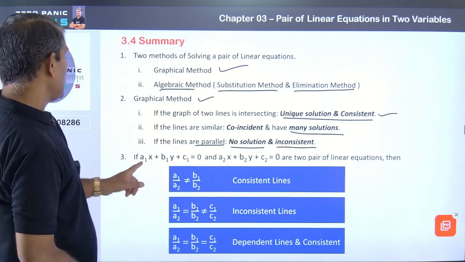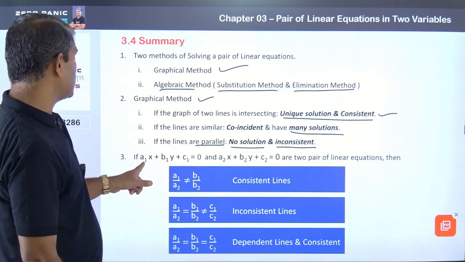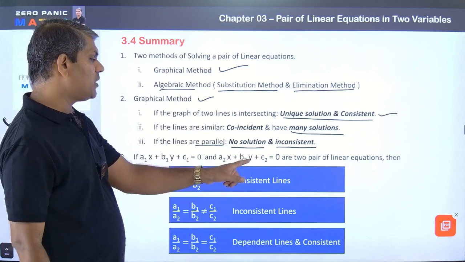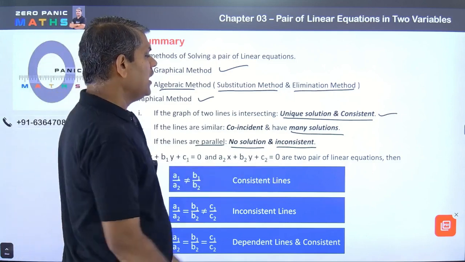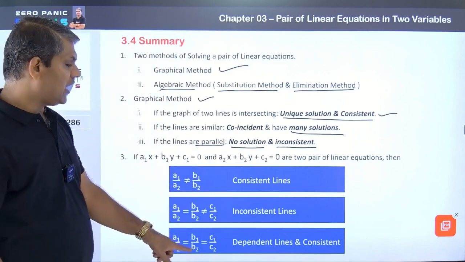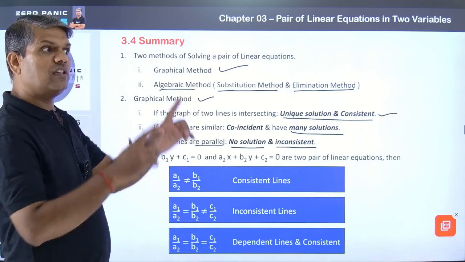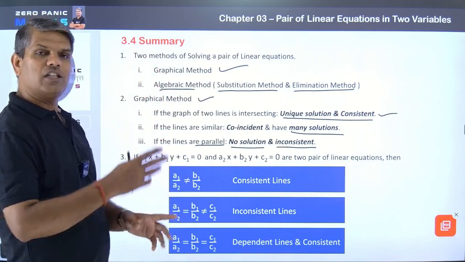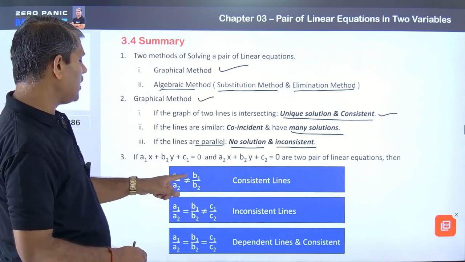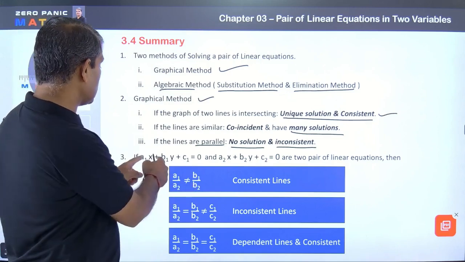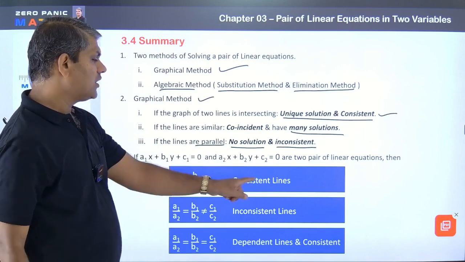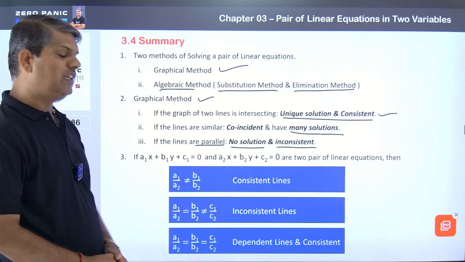And finally, if there is a pair of linear equations represented by a1x plus b1y plus c1 is equal to 0, and a2x plus b2y plus c2 is equal to 0, there are three conditions that we have seen using that table. If you remember, in some previous sessions, we saw that if the ratio a1 by a2 is not equal to b1 by b2, that is, the coefficients of x and y in both equations, then the lines will give us consistent lines.